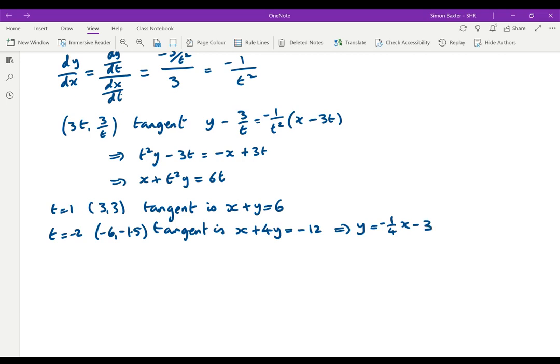And we could go on and find the tangent at any point. That's the advantage of using the parametric form like that.